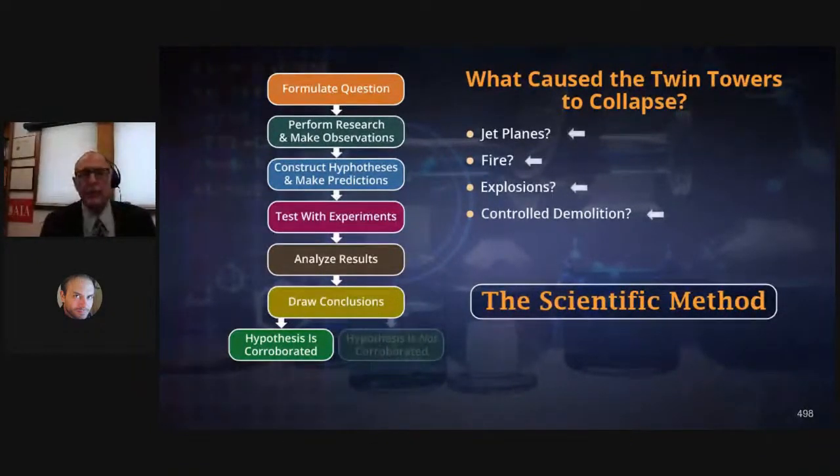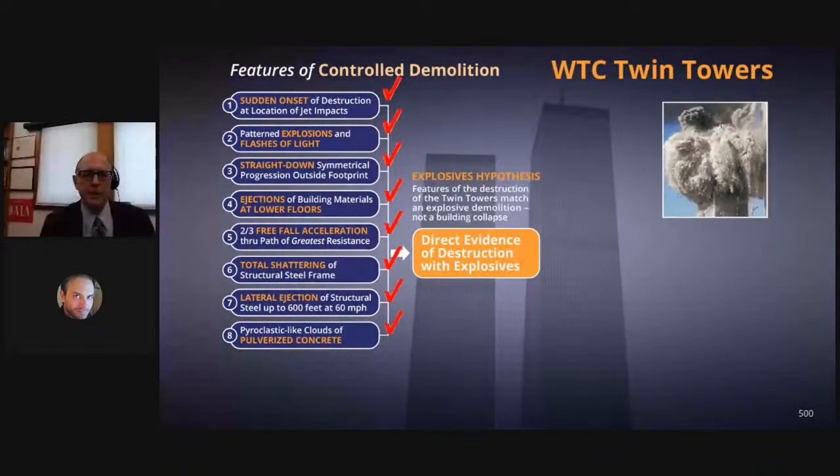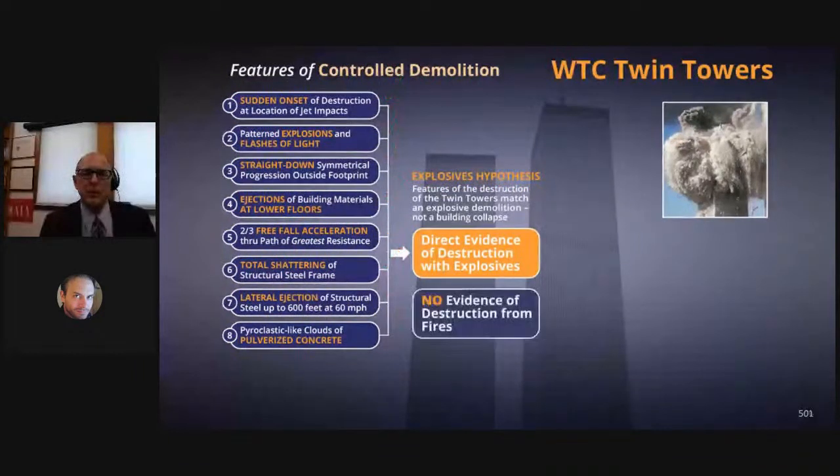I'd like to know what yours is. We've shown today 8 key characteristic and some very uncharacteristic features of controlled demolition. Direct evidence of destruction with explosives, not by fires. Fire doesn't create any of these features, let alone all of them.